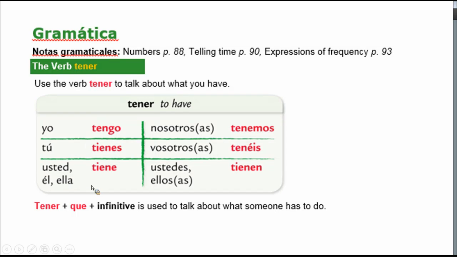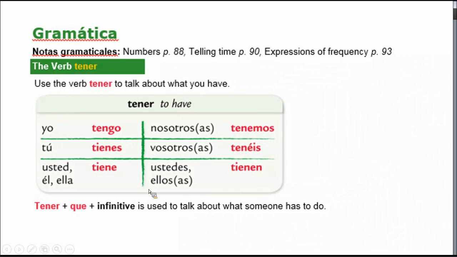Often when we get down here to tiene or tienen, we'll need the subject depending on who we're talking about. Once that's clear, we don't always need to put the subjects, right? For example, the boy and the girl went to the movie, they bought popcorn. If I said in Spanish, the boy and girl went to the movie, then instead of saying ellos, I'll say they have popcorn for this example.